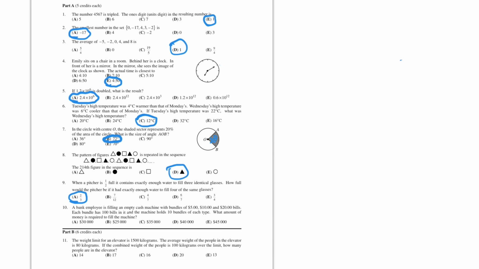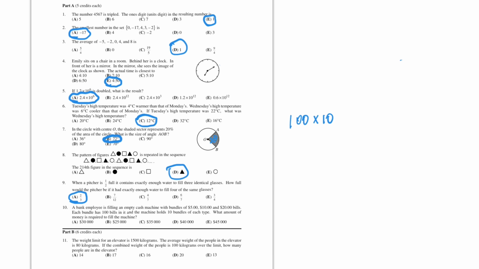What amount of money is required to fill the machine? Each bundle has 100 bills, and the machine holds 10 bundles of each type. So that means the total will be 1,000 of each bill.